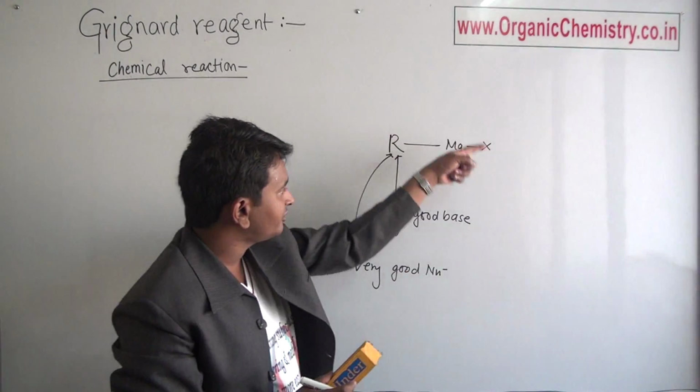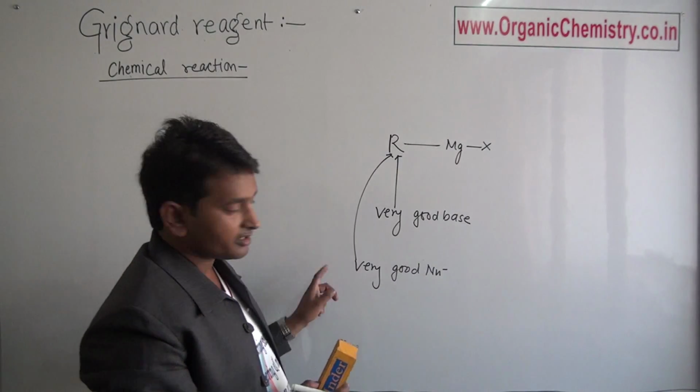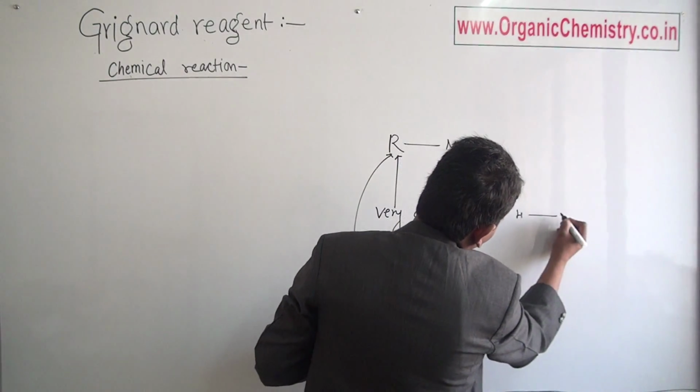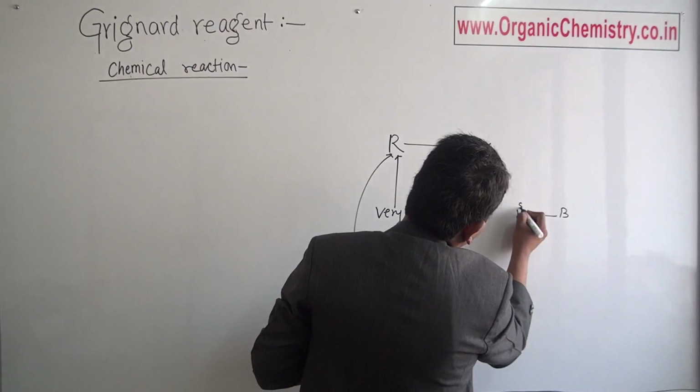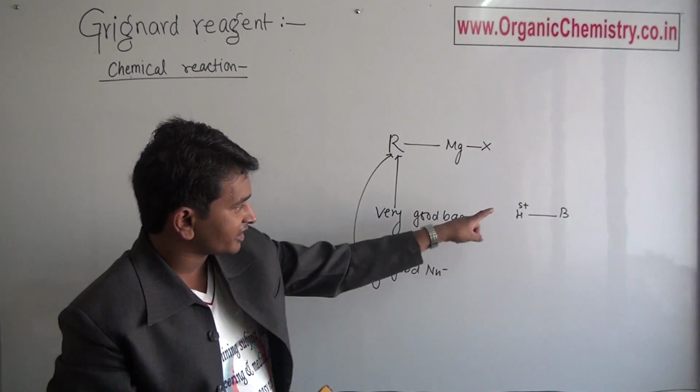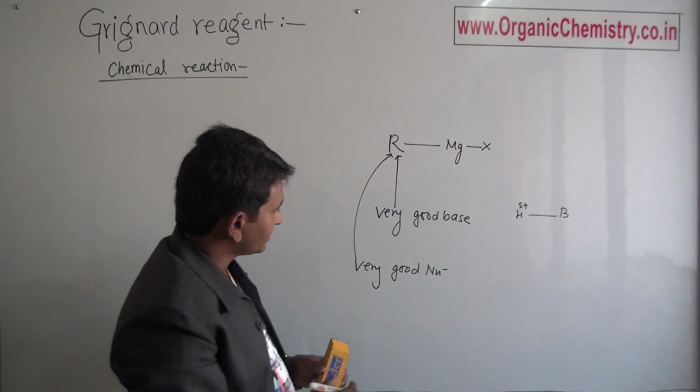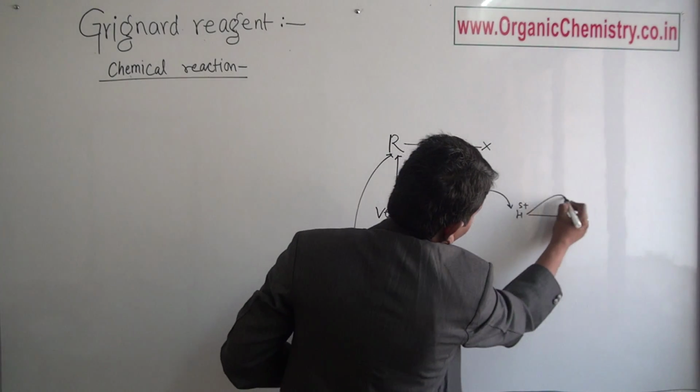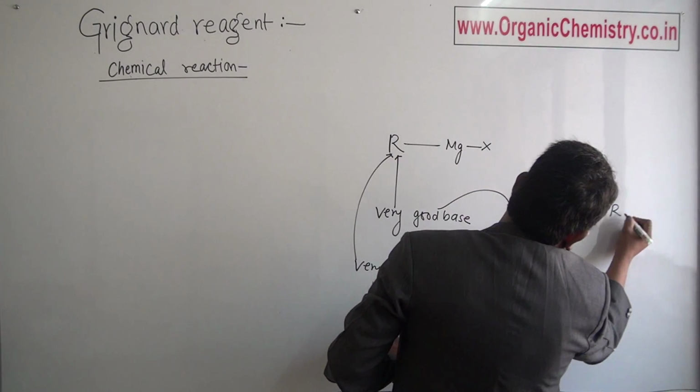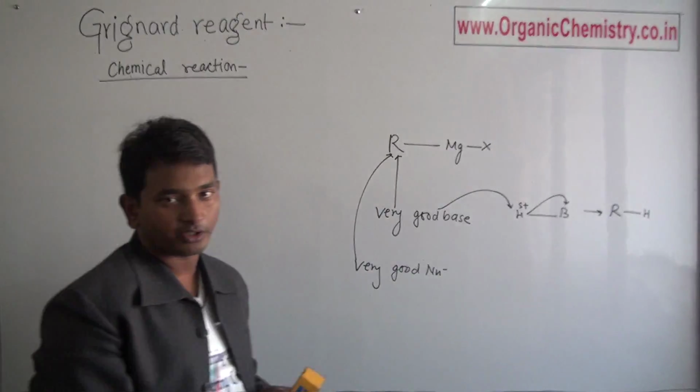This is the basic of Grignard reagent. So any molecule which has acidic hydrogen, this RMgX will attack and give RH as a product.